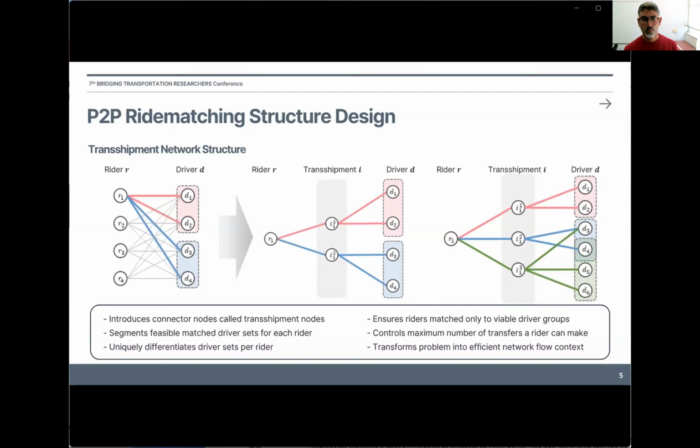In contrast, our approach uses a transshipment node to model this grouping. The rider is connected to a transshipment node that represents feasible driver groups, ensuring that only valid driver sets are considered. This method effectively handles both one-to-many and many-to-many matchings, unlike traditional bipartite graphs.